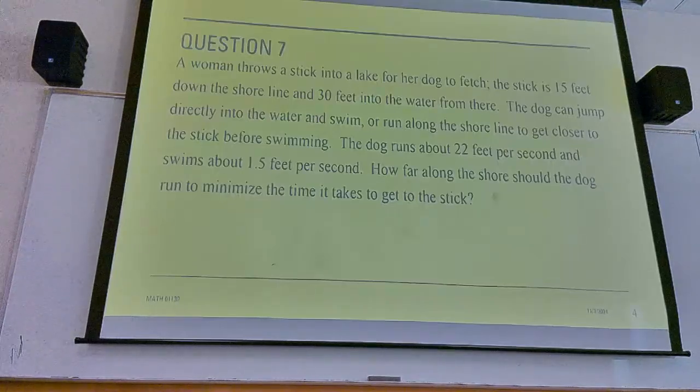So the dog can jump directly into the water and swim, or run along the shoreline to get closer to the stick before swimming. We're told the dog can run 22 feet per second and swim at about 1.5 feet per second. The question is, how far along the shore should the dog run to minimize the time it takes to fetch the stick?